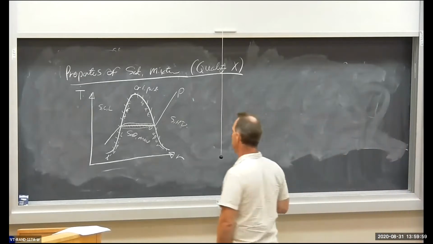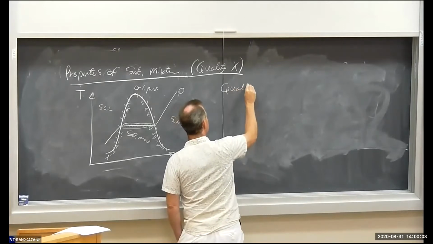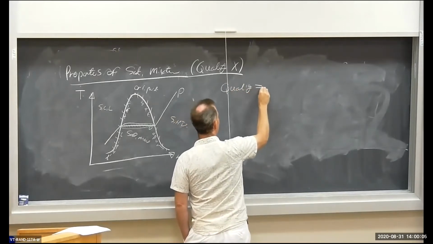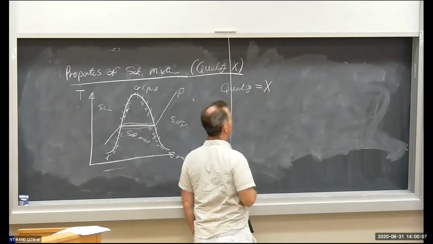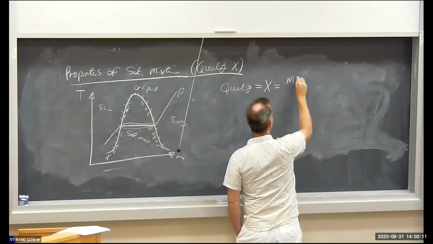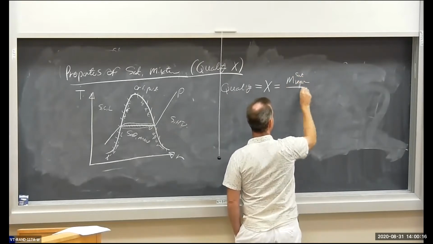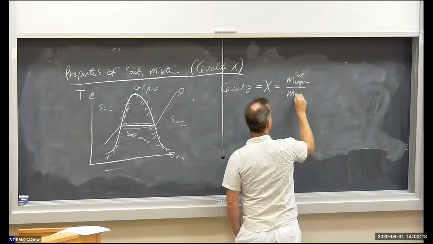And that something is called the quality, symbolized by X. X is defined to be equal to the mass of the saturated vapor divided by the mass of the saturated mix.